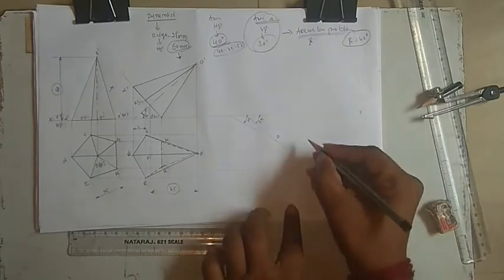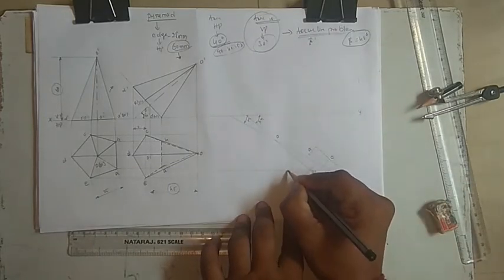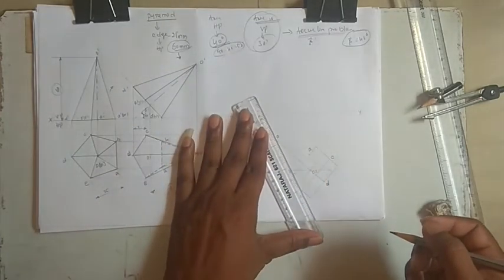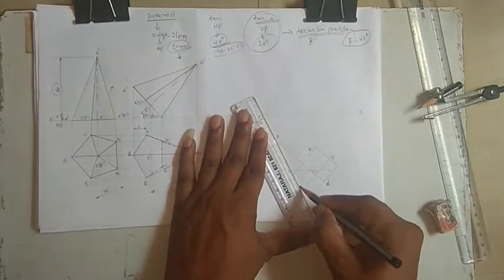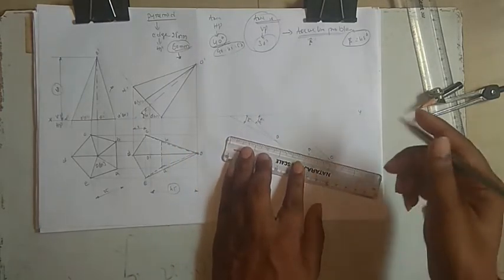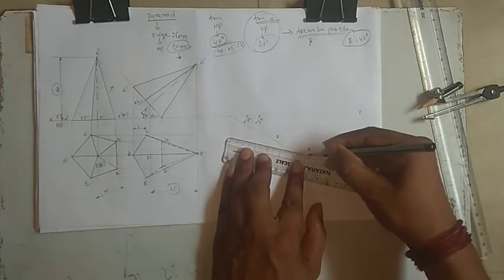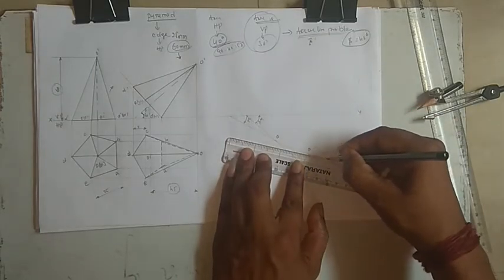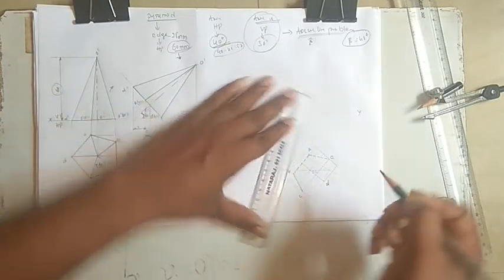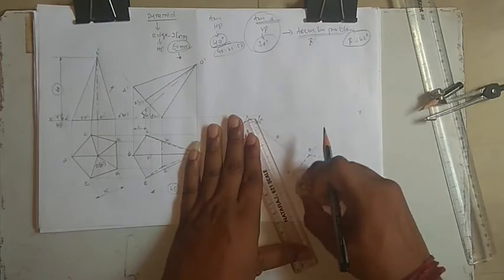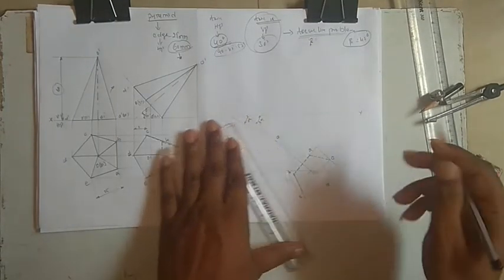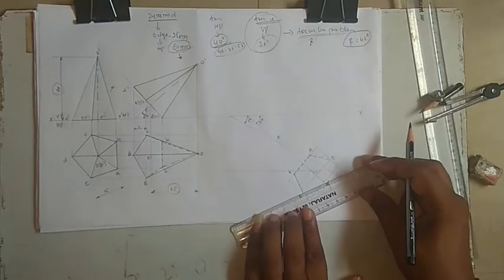Okay, so now this is our A, this is our B. Okay, now join. Oh, sorry, that should be a dotted line. As it is there in the second position, same as that one, you just replicate. So this is the dark line.